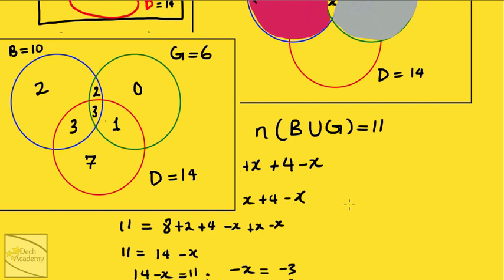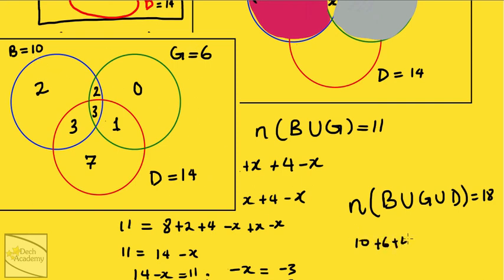That is, B union G union D is equal to 18. Now, if you simply said the answer was 10 plus 6 plus 14, you would have gotten 16 plus 14, which is 30. They're not the same.